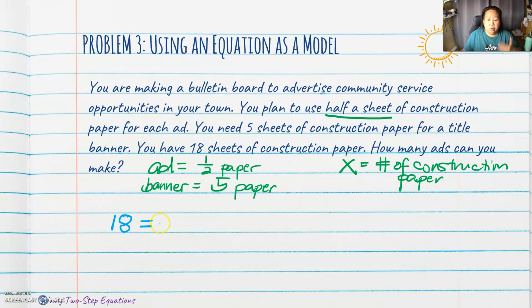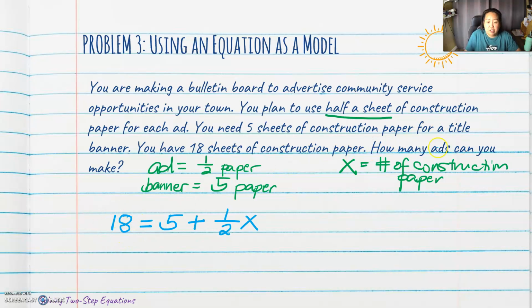And that is going to be composed of what? Well, you are going to be using 5 of them for the title banner plus 1/2 of the remaining papers. And we do not know how many that is, so that will now become 1/2 x. So these are your ads, this is your title banner, and this is the total number of papers you have.